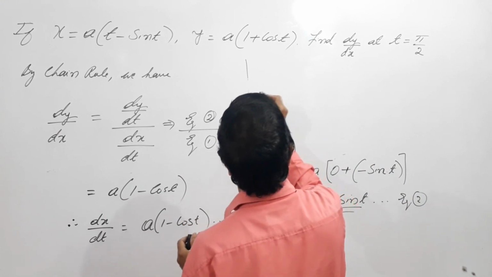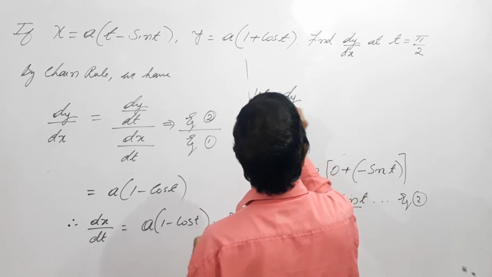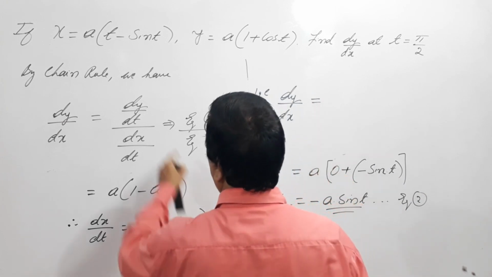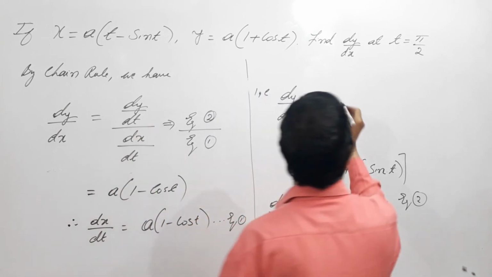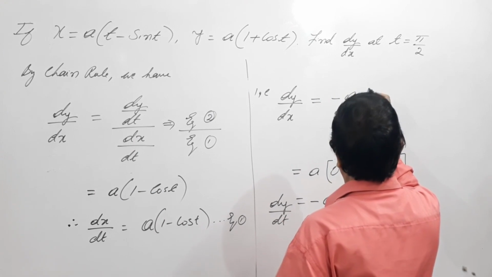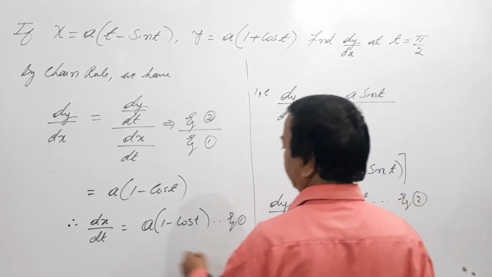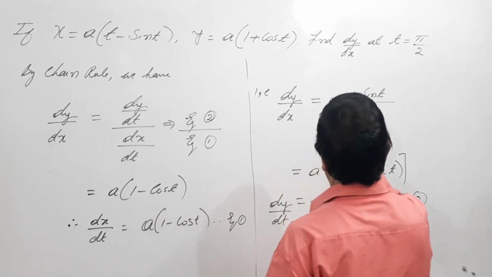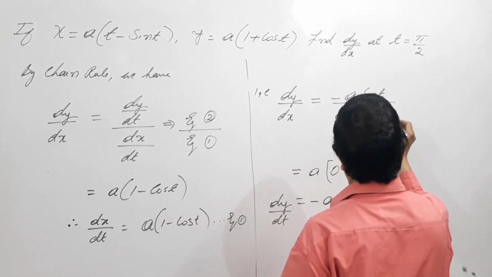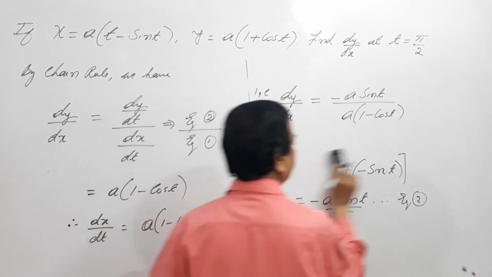That is, dy by dx equals, what is dy by dt, minus a sin t divided by a into 1 minus cos t.